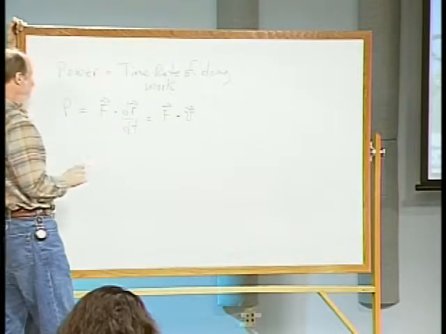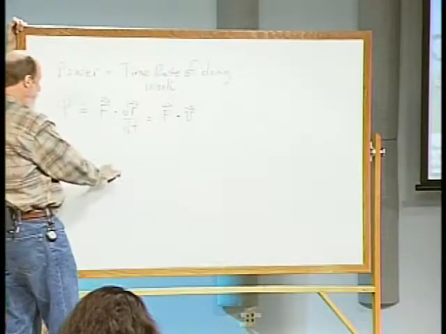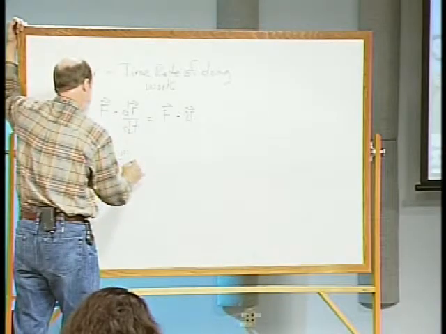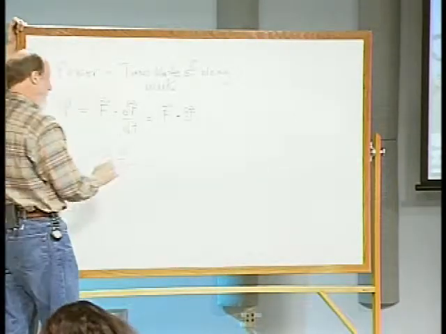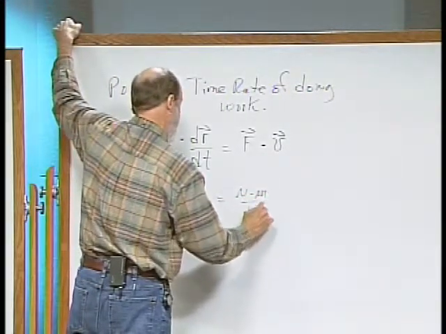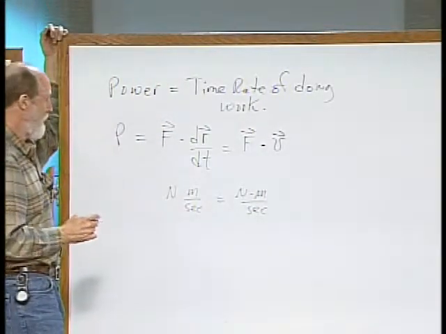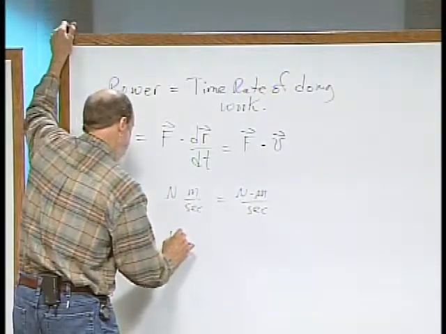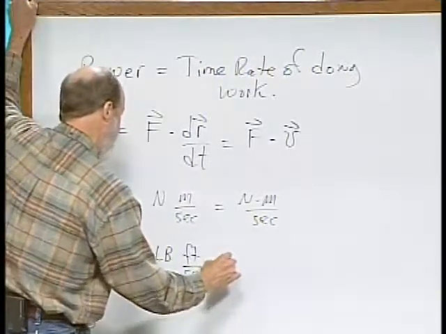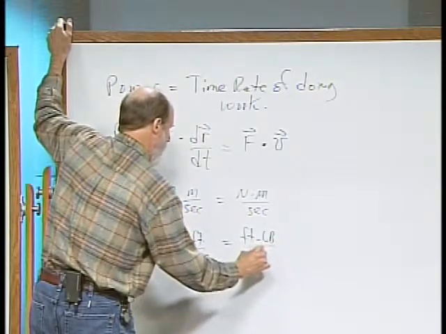Now the units of this are going to be, in the international system, newtons times meters per second. So it's newton meters per second, or it could be pounds of force times feet per second, which would be foot-pounds per second.